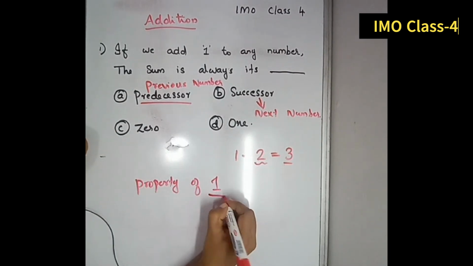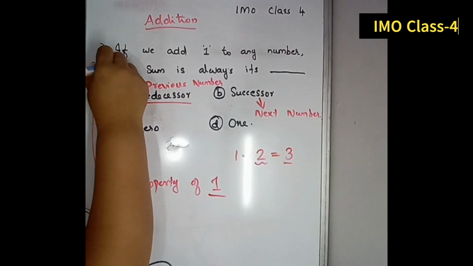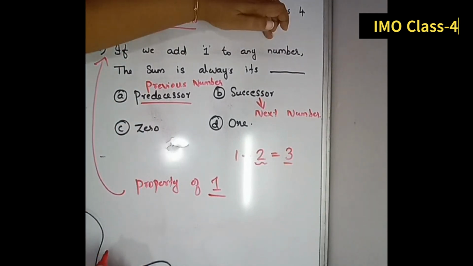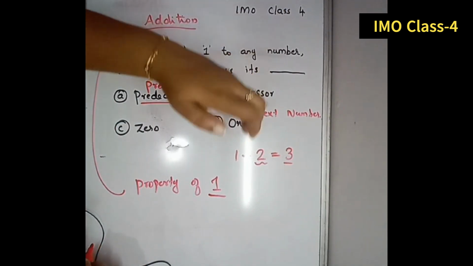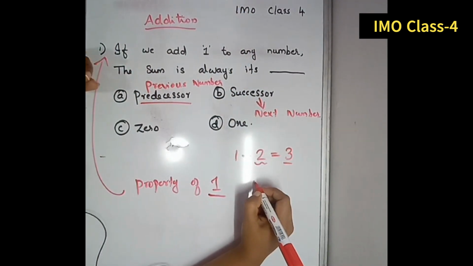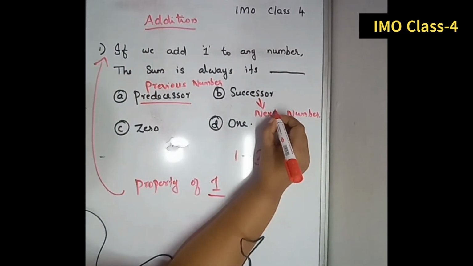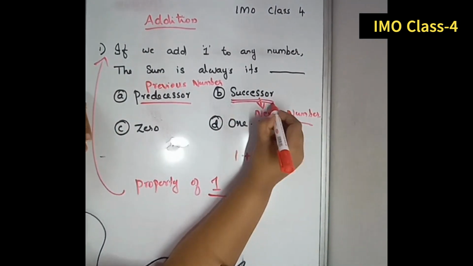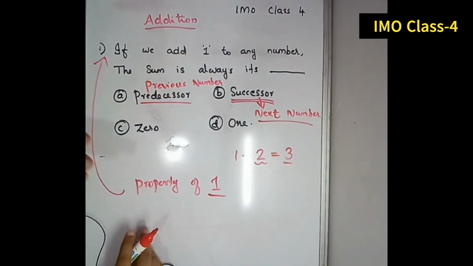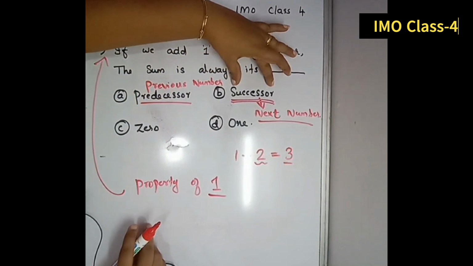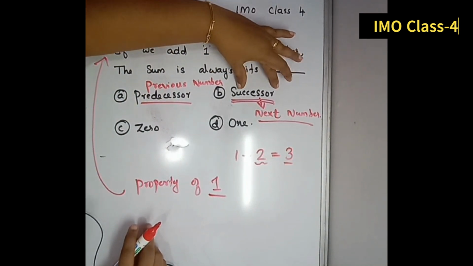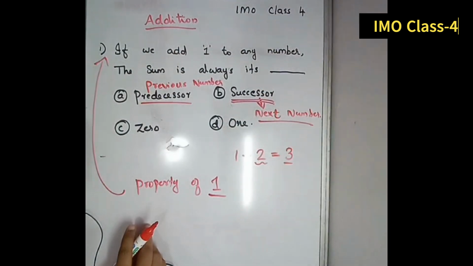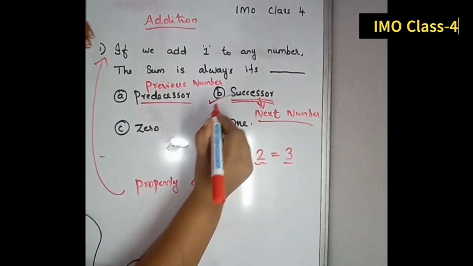This question is based on the property of 1, that is, if we add 1 to any number, the sum is always the next number. Here for the term next number, they are giving the word successor. So the only thing you need to know is the word meaning of successor. The meaning of successor is next number. So the answer of the first question is option B, successor.